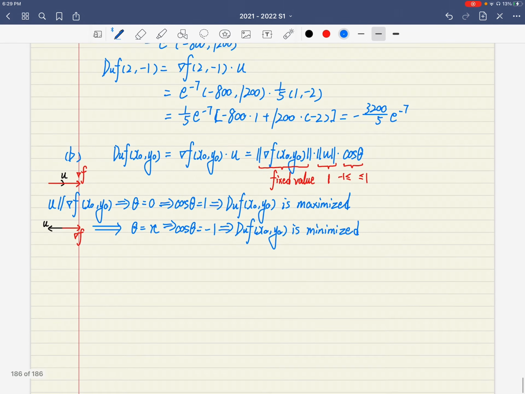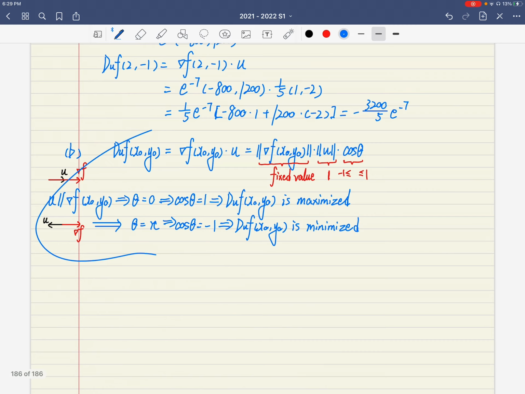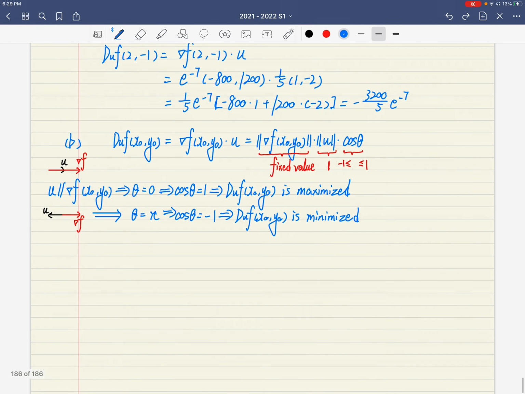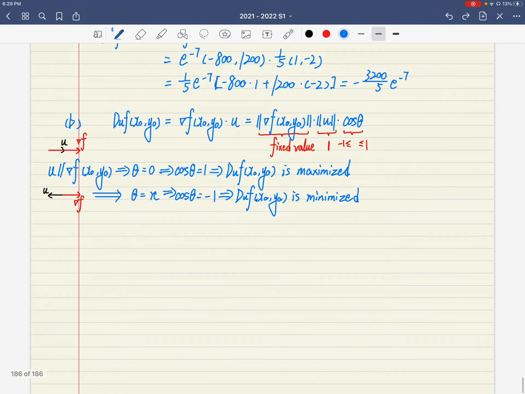Okay, so question 2, this is a derivation. You don't have to derive it. For part B, you can just apply the conclusion. In which direction does the temperature increase fastest?